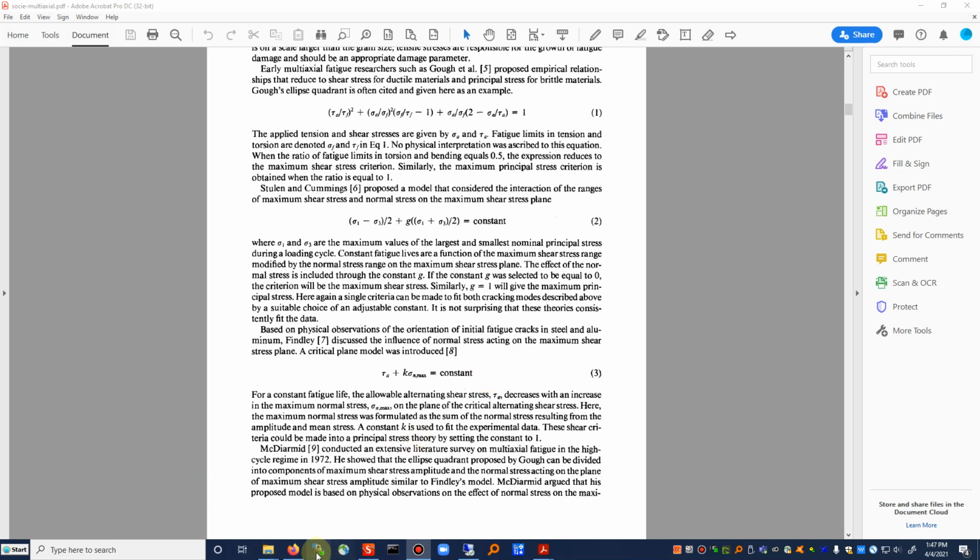So let's pull up our notepad here. If we have a particular plane in a material, so here's my stress element or my stress block, with my multi-axial stress state on it.